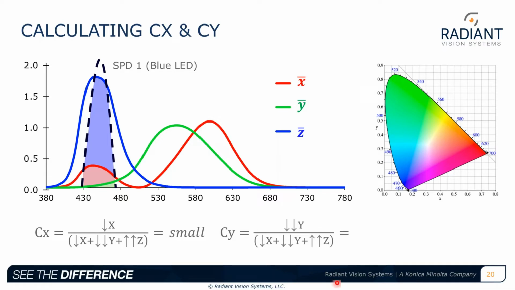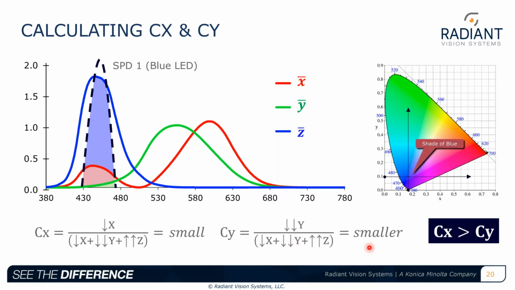So doing our same little math here with small, we get our Cy is even smaller. So for blue, typically both Cx and Cy are really small because of the Z component on the denominator, and typically the Cx coordinate is larger than the Cy coordinate. So this shows us how for blue we get down here in this lower left corner of the CIE color chart.